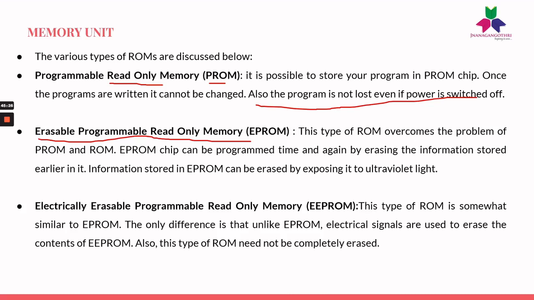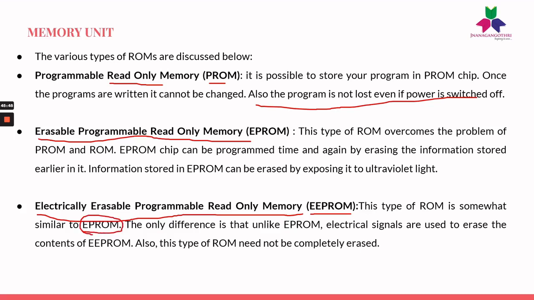Another type of ROM is electrically erasable programmable read-only memory, that is EEPROM. This type of ROM is somewhat similar to the last type of ROM, EPROM, which we saw.